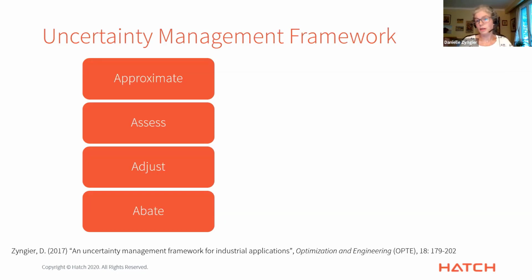Each company has its own level of mathematical depth in taking care of these issues. Things do get implemented in all of the companies, regardless, like the approximation, assessment, adjustment, abatement. People do that on a daily basis.